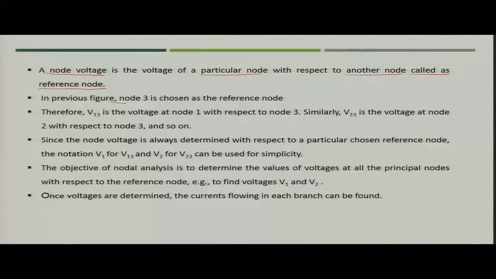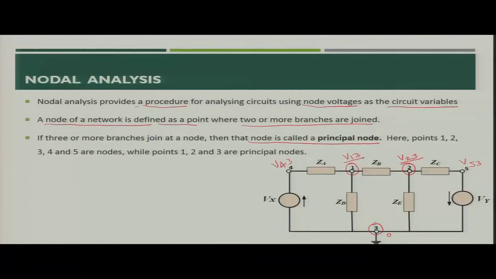We have seen that node 3 we have chosen as the reference node. Now, we are mentioning V13 and V23, that is the voltages at principal nodes 1 and 2 with respect to node 3.